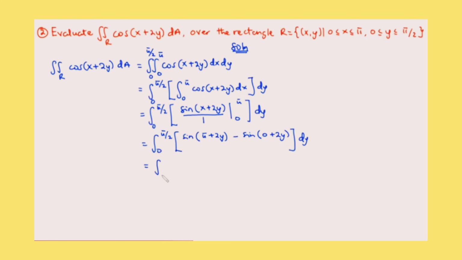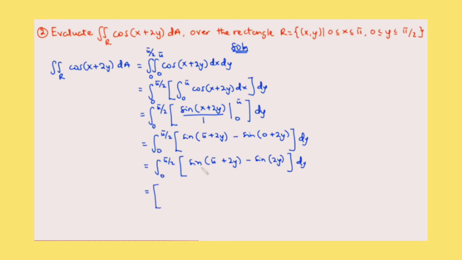So this becomes the integral from 0 to pi/2 of sin(pi + 2y) minus sin(2y). Now the next thing is we are going to integrate this function with respect to y.